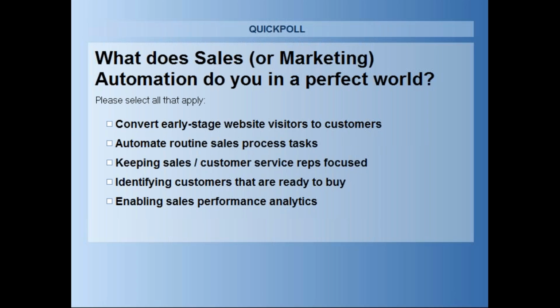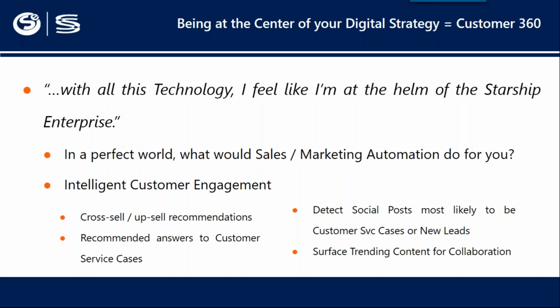Also, let's go ahead and switch to what you guys think some of the opportunities would be for sales and marketing automation in a perfect CRM world. So I'll be closing the poll right now. And we have received responses from all our audiences.